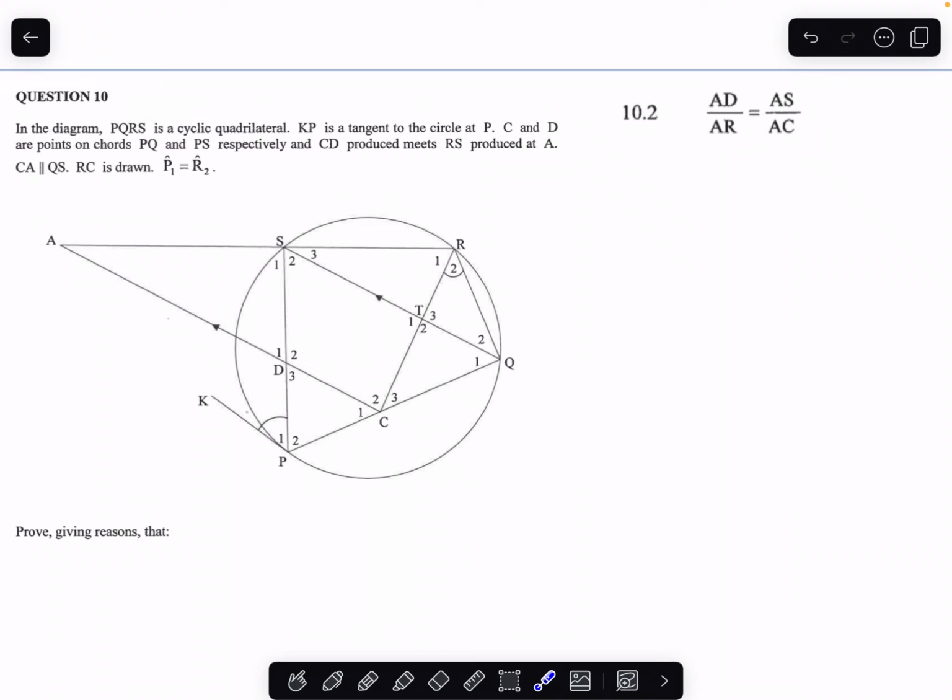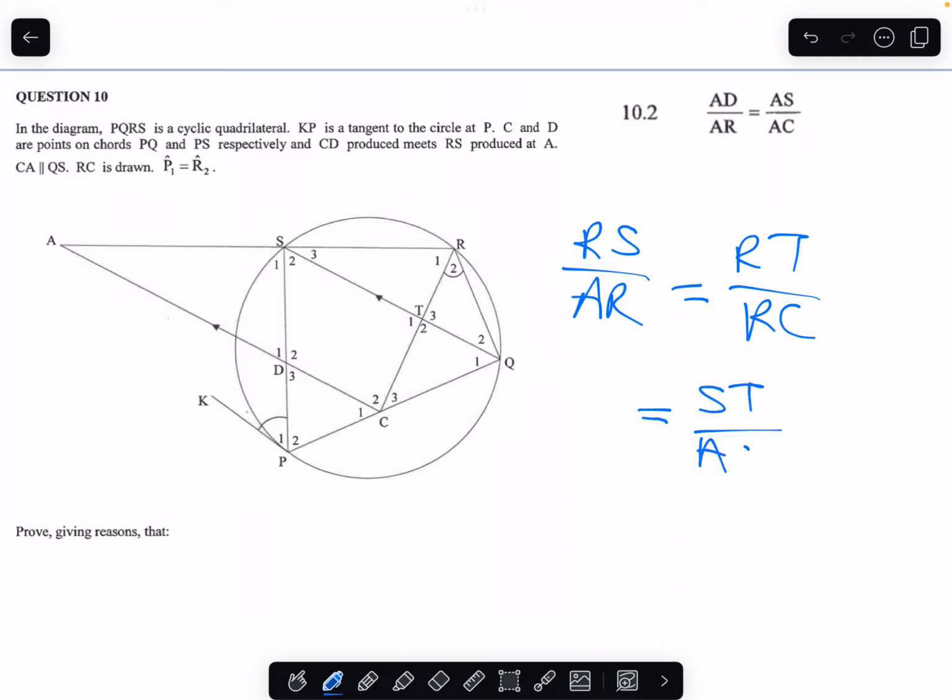Ooh. Okay, so I'm just going to quickly jot down RS over AR is equal to RT over RC is equal to ST over AC.